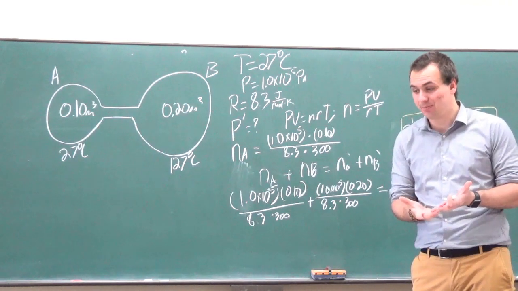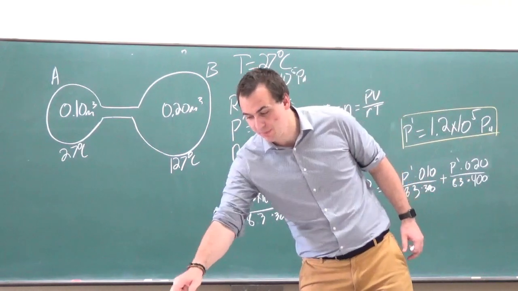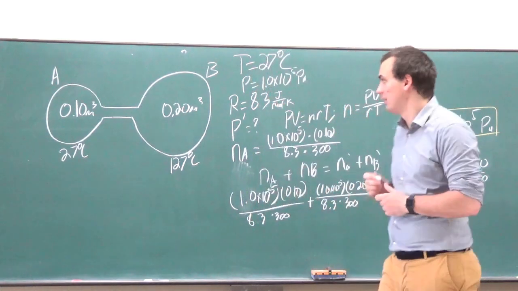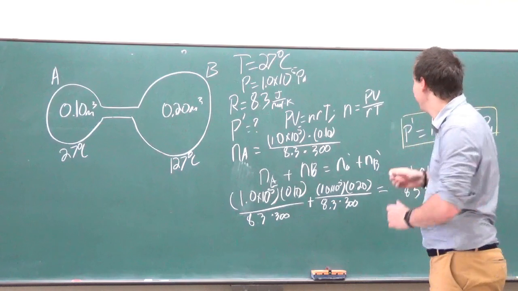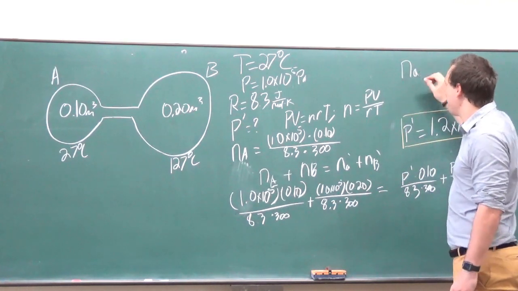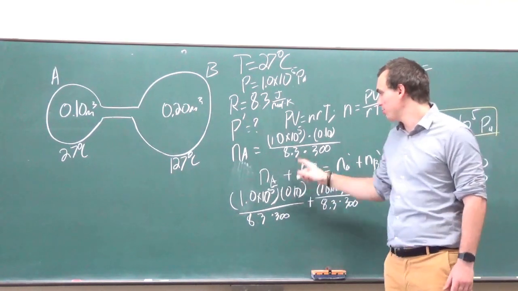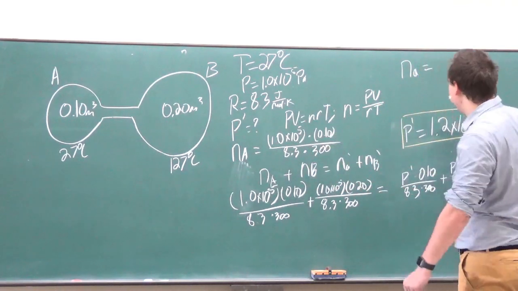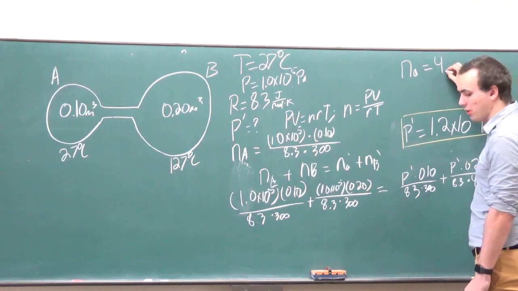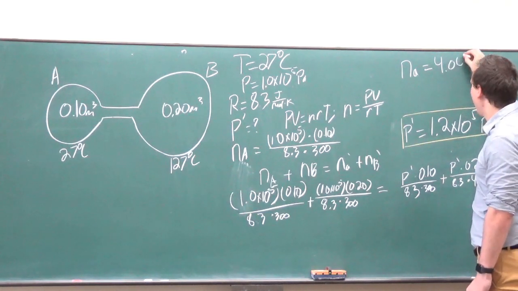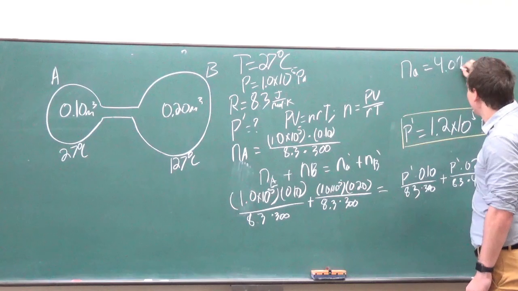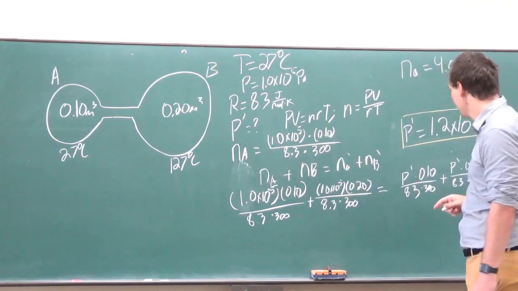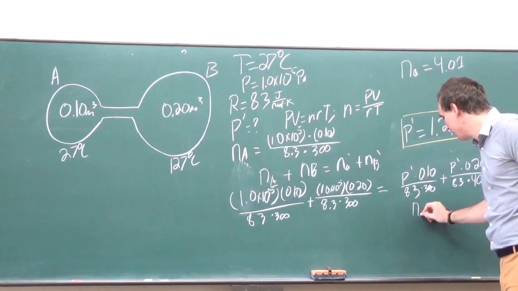Now, last thing we have to do is find out how many moles of hydrogen moved through the thin tube. Let's take A. The amount of molecules in A at the beginning was this number. That is 4.01 when you solve that. This here is Na prime.